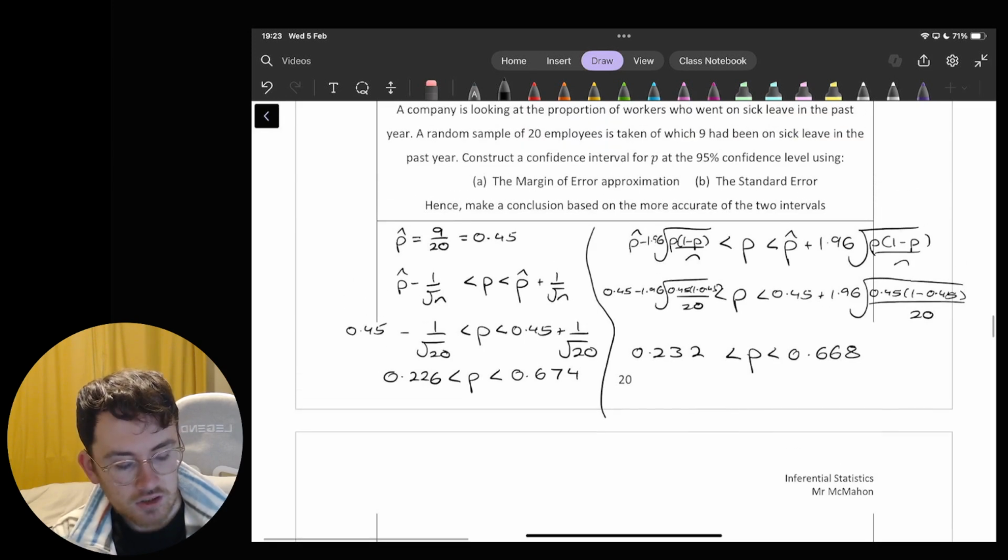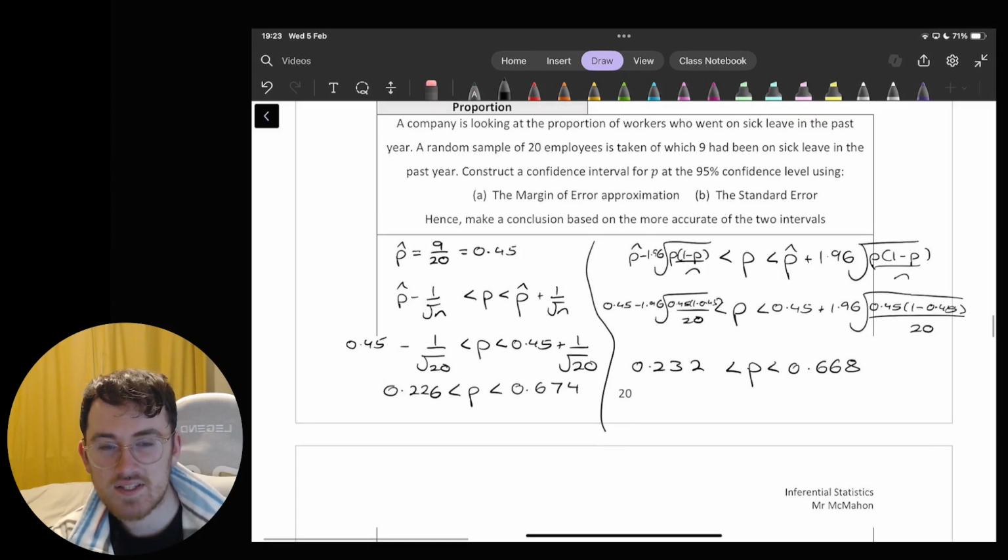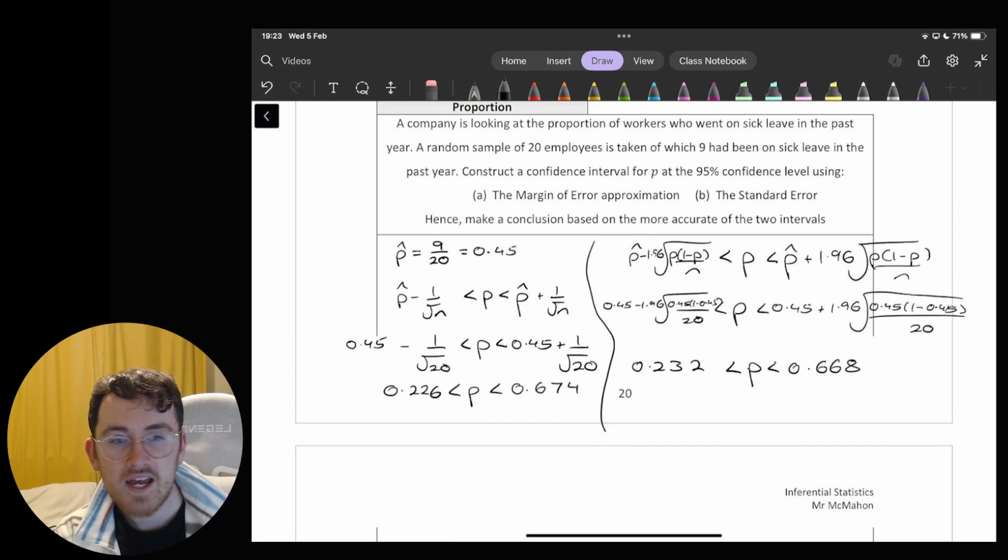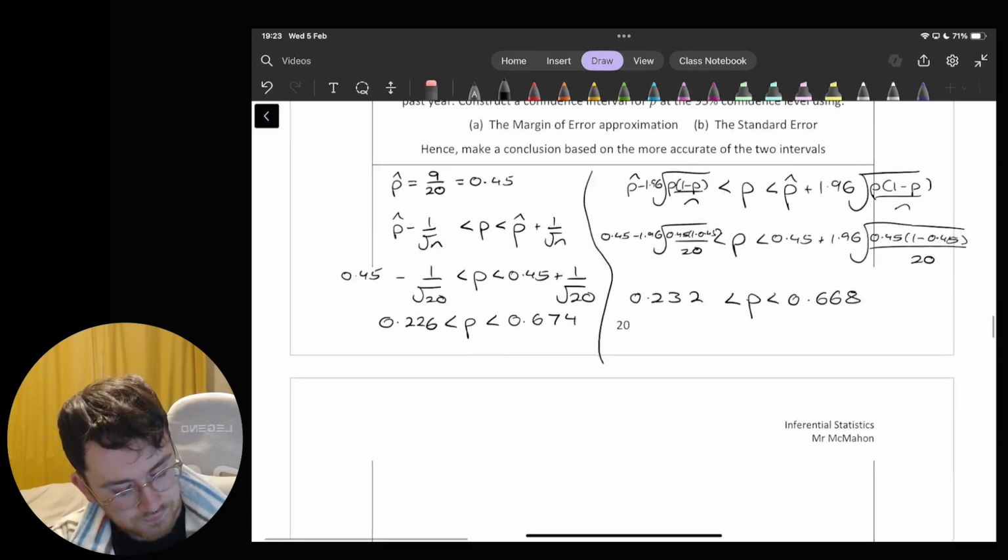Making a conclusion, we look at the standard error, since the question asks which is more accurate. I am saying that p is within 0.232 and 0.668.